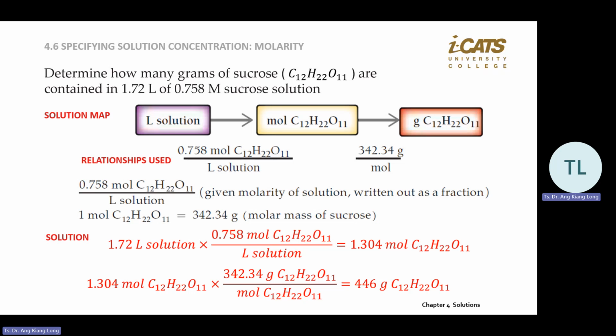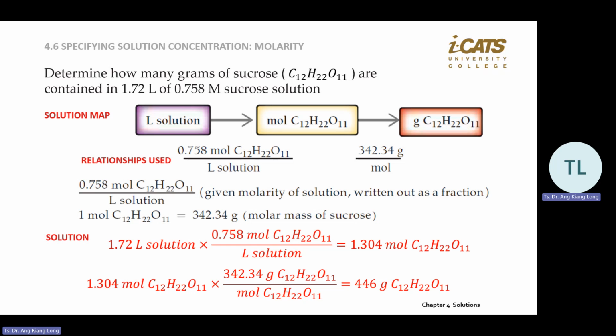So 1.72 liter has 1.304 mole of sucrose, then multiply by the atomic weight, you will get 446 gram. This is how you prepare a solution.